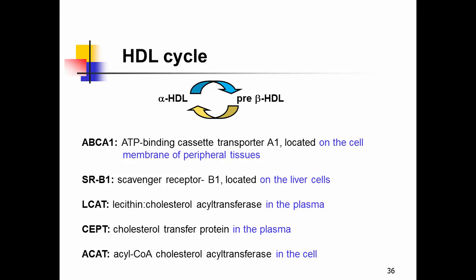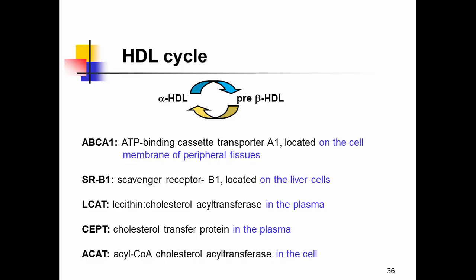And this CETP protein is also localized in the plasma. So two enzymes or proteins that are present in the plasma, right? And ACAT is called acyl-CoA cholesterol acyltransferase, and this enzyme is located in the cells, right?